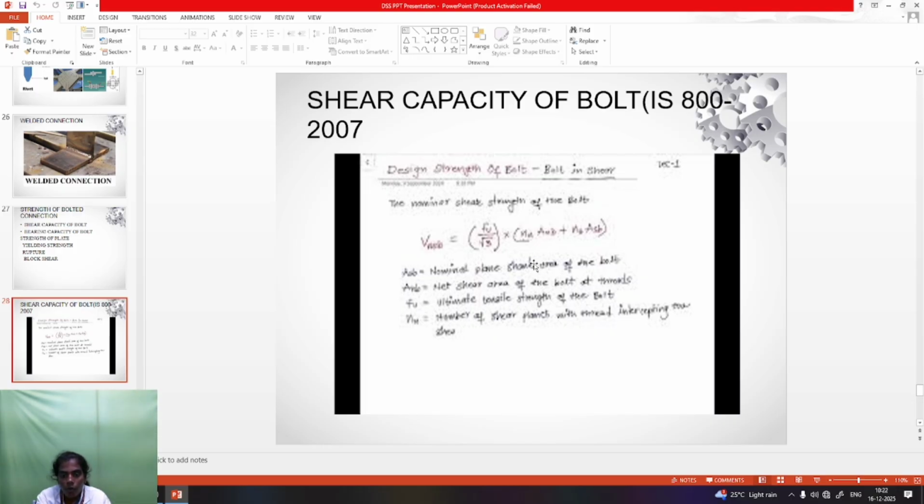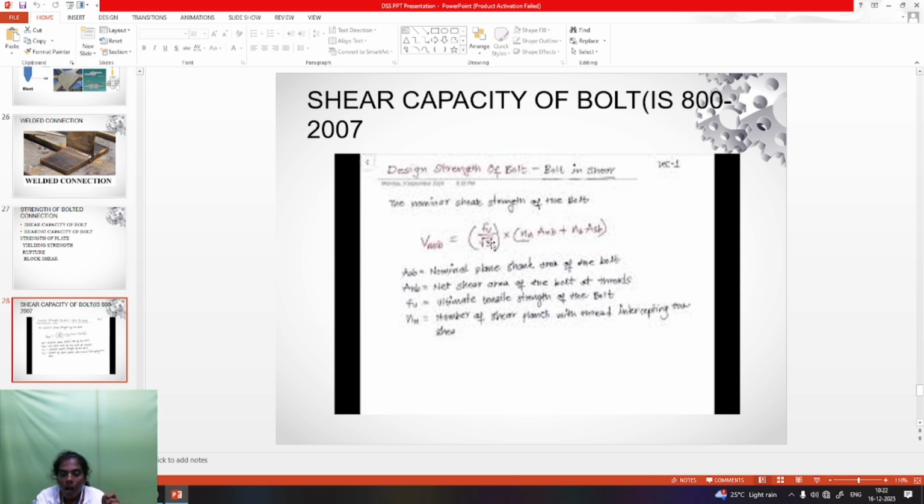We take it from the code book IS 800 2007 page number 30, based on the type of bolt. For bearing bolts you take 1.25. For shop bolts you take 1.1. So this is based on your bolt requirement. We take the partial safety factor from page number 30 in the IS 800 2007 code book.